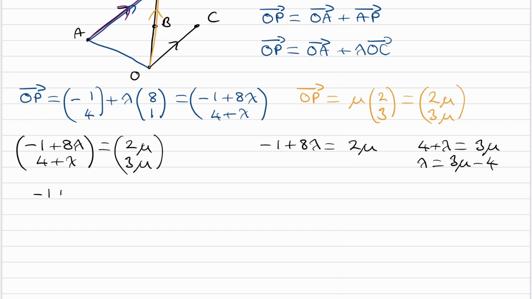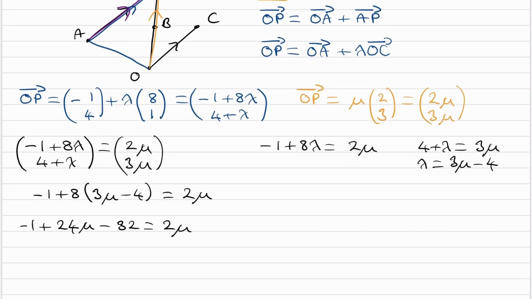So that becomes minus 1 plus 8 lambda, which is this, 3 mu minus 4, is equal to 2 mu. Expand out the left-hand side. And then I'm going to simplify this.